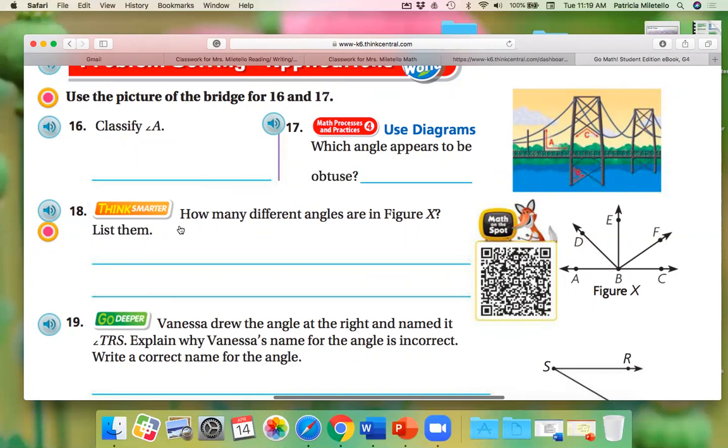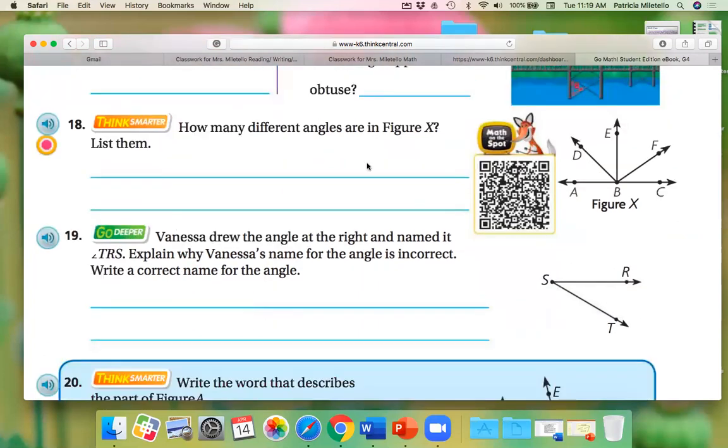Okay. And then down here, you're looking at this figure to answer question 18, listing all the different angles that are here in this figure.